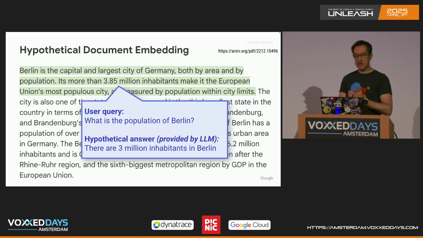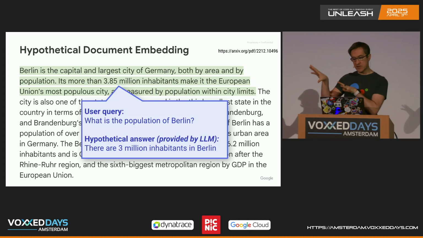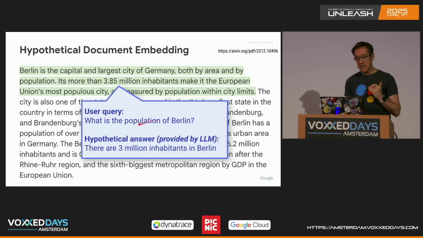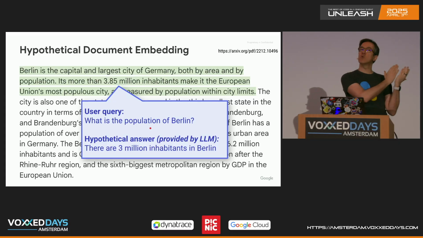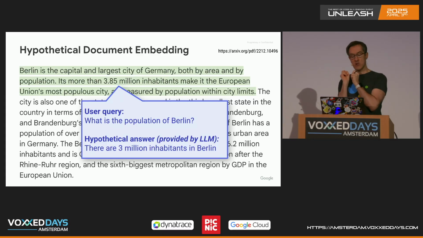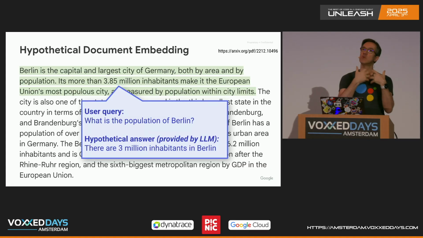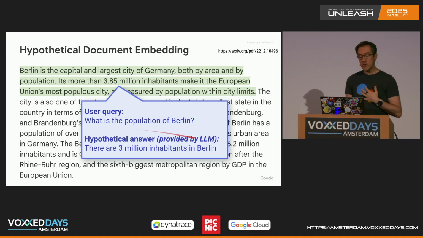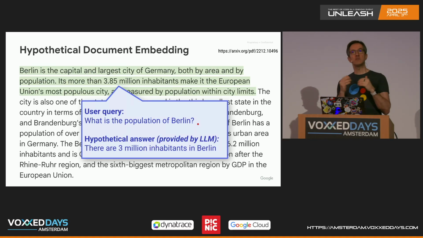And the other example of transformation I'd like to show you, so you remember the hypothetical question approach that was at ingestion time, but here I'm going to tell you about hypothetical document embedding, which works at a different level. Instead of comparing a question to a question like earlier, we're going to compare a hypothetical answer to our documents. So maybe we're able to use a smaller model with smaller knowledge.